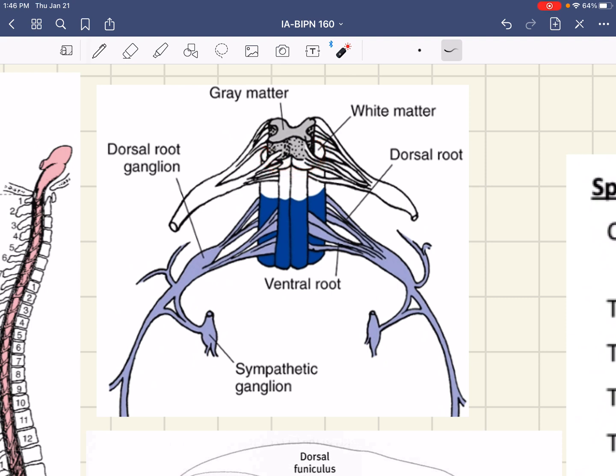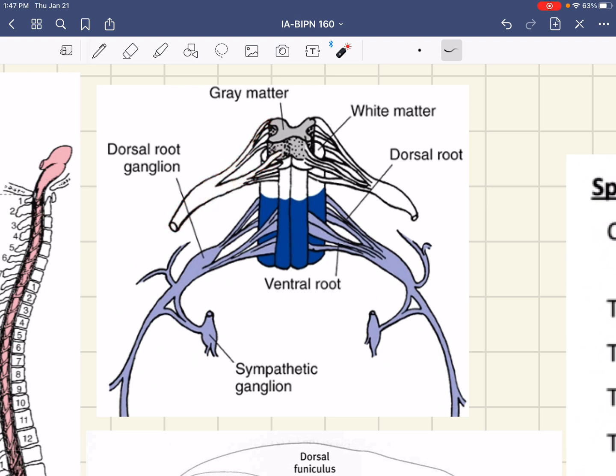Then there are dorsal roots coming out of the gray matter, and then there are ventral roots. We will see the dorsal root ganglion, which is an enlarged portion of this nerve, and then we will see how the dorsal root and the ventral root come together to make up a spinal nerve, a peripheral spinal nerve.